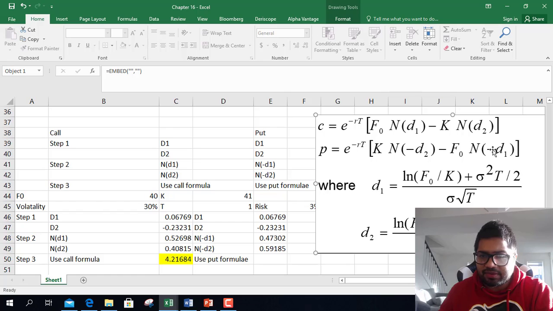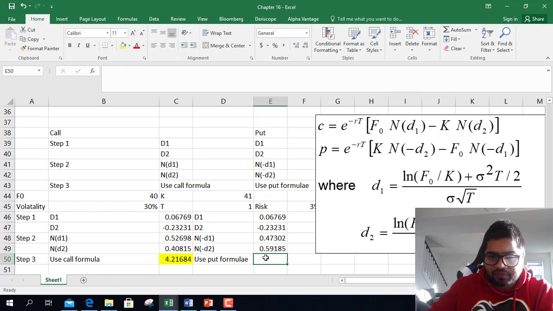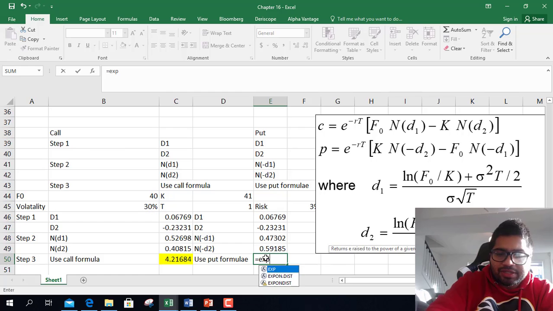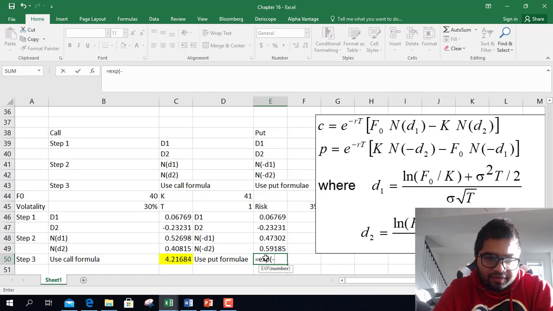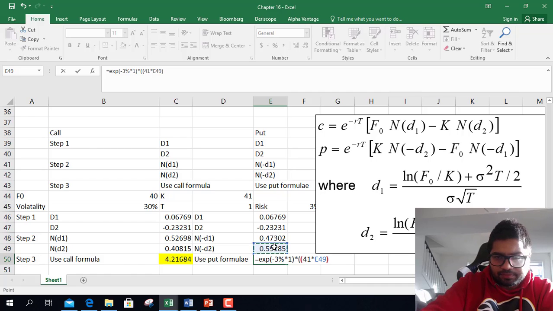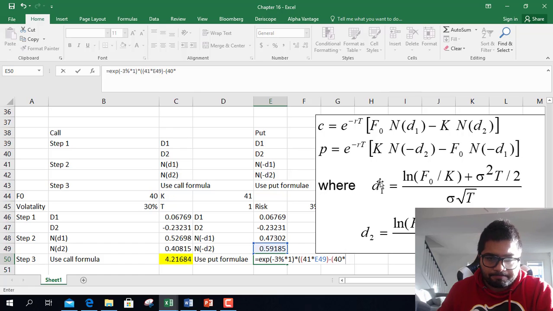So the put formula is this one: exponential of negative 3% risk-free rate times 1, into K, 41, into N of minus D2, minus F, 40, into N of minus D1.